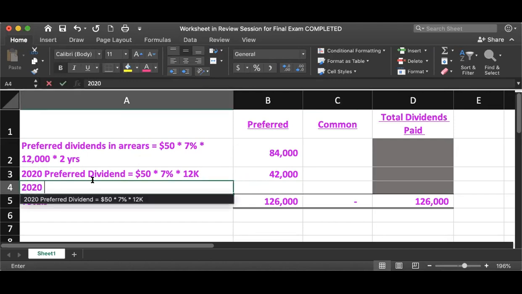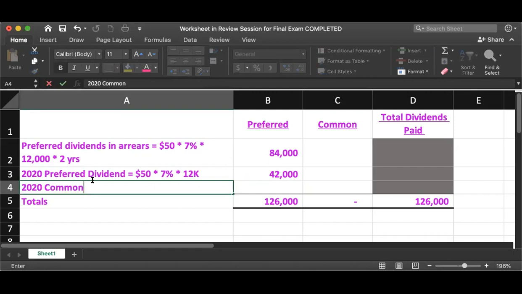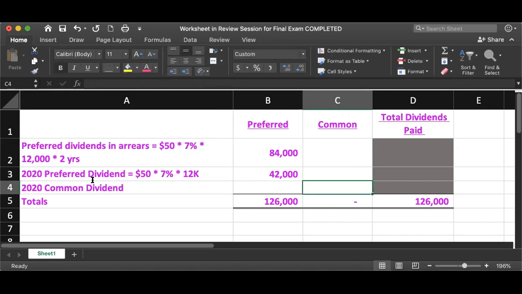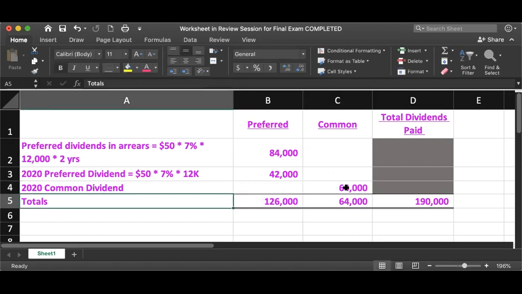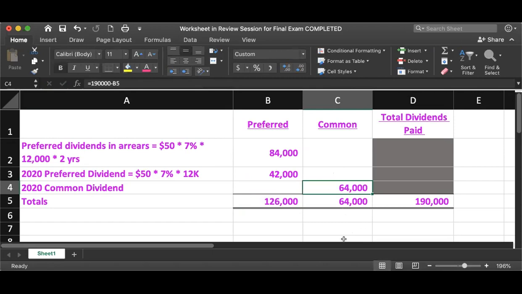All right, so the 2020 common dividend is going to be the difference. We know, again, it was 190,000 total dividends, and 126,000 of that goes to preferred shareholders. So the common shareholders would get the difference, or $64,000.